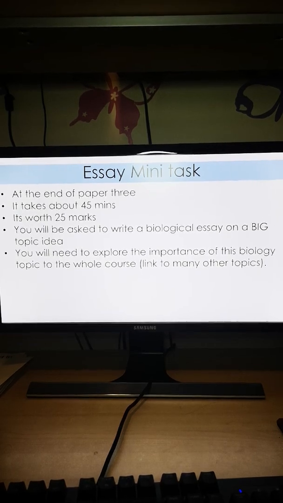So for example, with the ions essay, you probably remember meeting sodium ions in co-transport. So that's one place in the course where you can talk about the importance of one ion type. We could also talk about the importance of mineral ions moving in by active transport to the base of your xylem, okay, as a bit of root pressure, pushing the water up the xylem vessels.